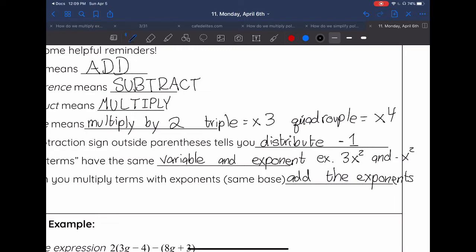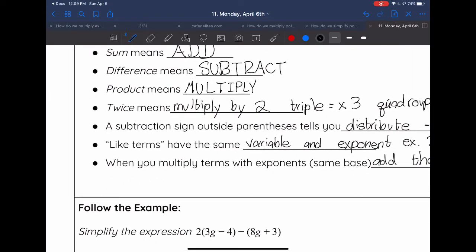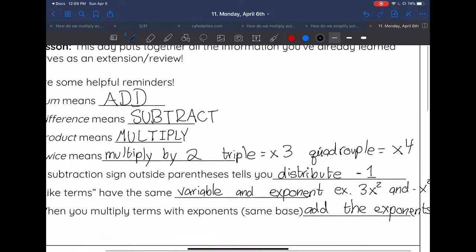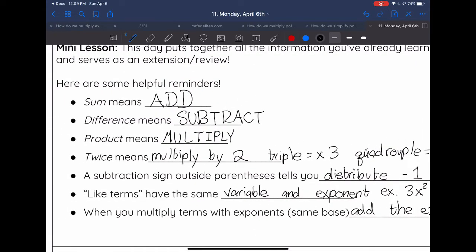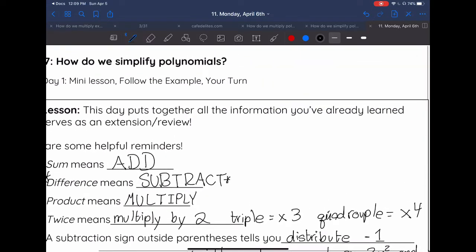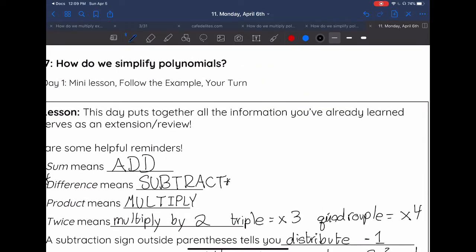So before we move on to our example at the bottom of the page, I want to talk very briefly about something that comes up when we talk about difference. There's a key topic when we talked about subtraction of polynomials, and that was the phrase subtracted from.